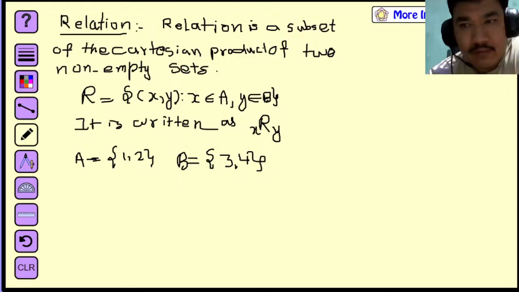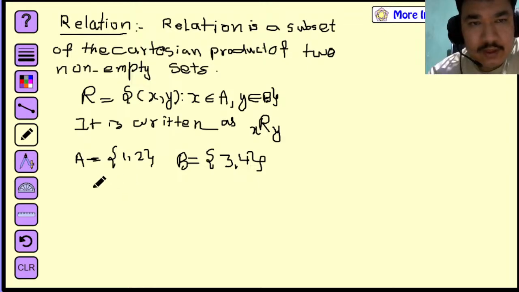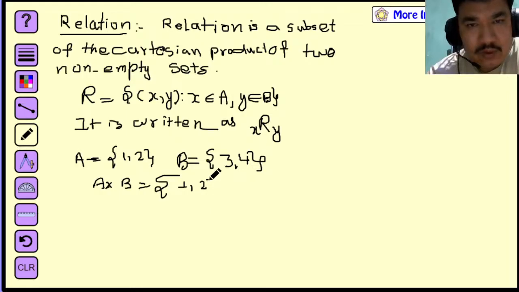Suppose here A cross B, this is the Cartesian product. We know the Cartesian product is the product of the two sets. Set A is 1 comma 2, and we write the cross, and the set 3 comma 4.